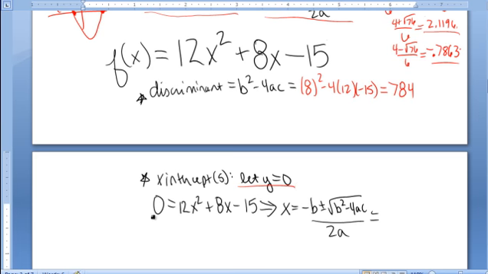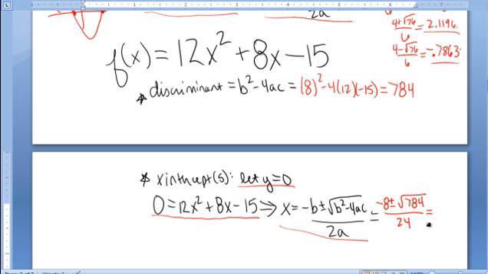So we're solving the equation 0 equals 12x squared plus 8x minus 15, and so we can use the quadratic formula. We find for this function x equals negative 8 plus or minus the square root of 784 all over 2a, which is 24.